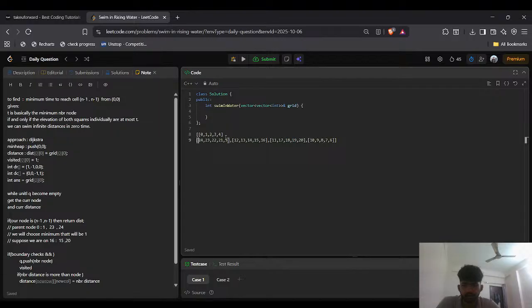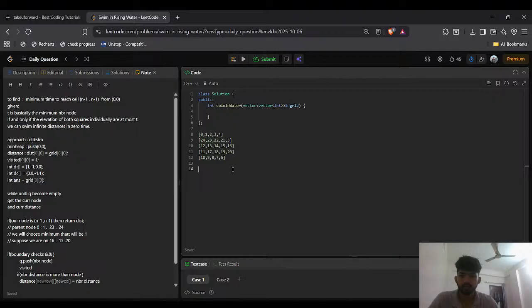Then I will shift there. So this is our array. This is our heap. First we have 0.